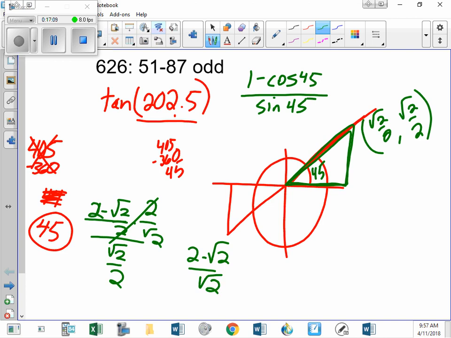I have to multiply by root 2 over root 2. And the bottom turns into 2. And the top, what do I get there? Negative 2 root 2, it's not 0.